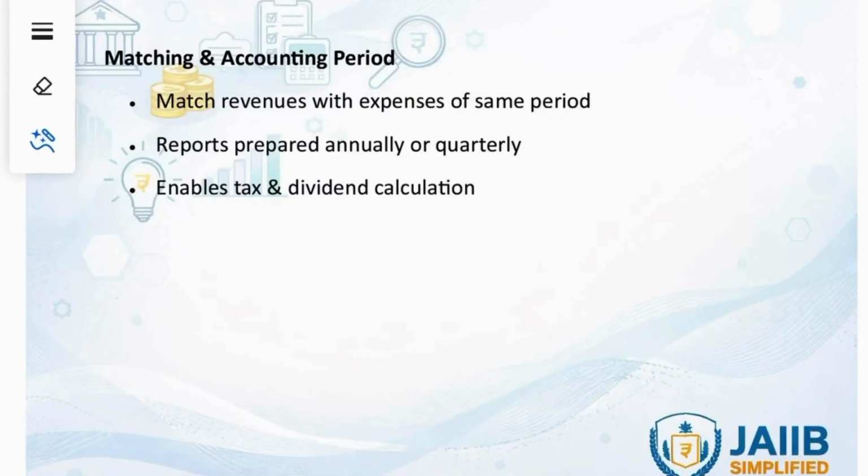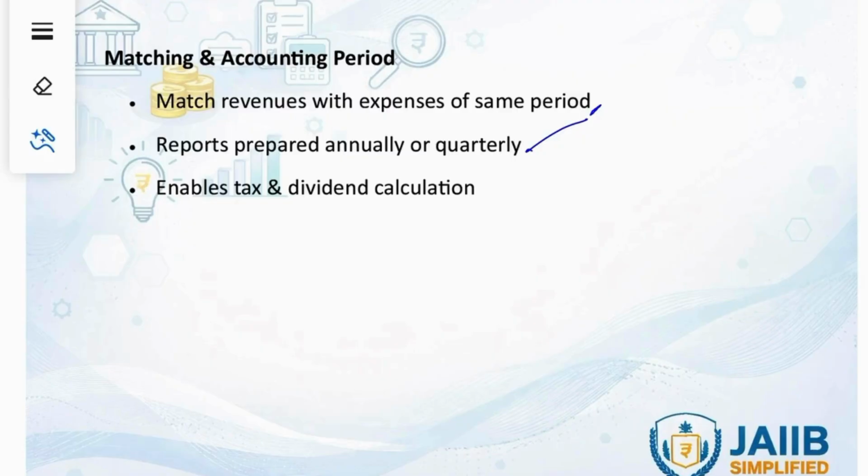Under the matching concept, we have to match revenues and expenses of the same period. We should not match the expenses of one particular month to revenues of another month. Under the accounting period concept, we are reporting annually and quarterly.